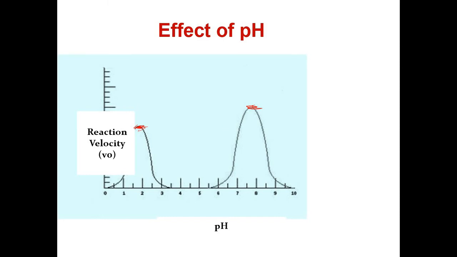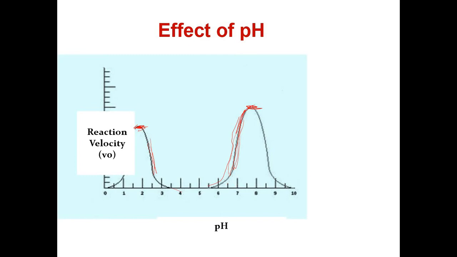Again, it's the same reason. The enzyme here may have lost its activity due to denaturation, but then we could renature an enzyme. So maybe the enzyme has been activated again once it reaches this pH.